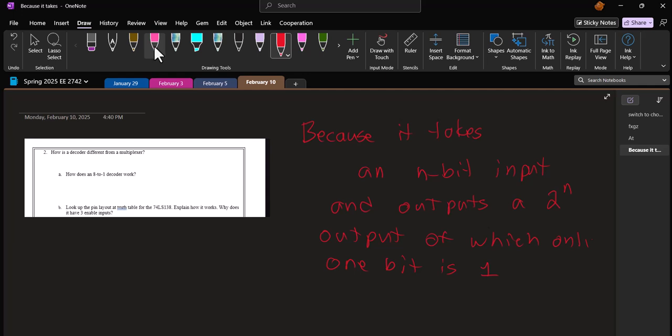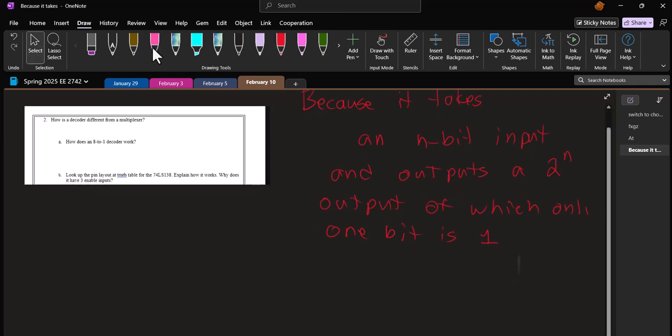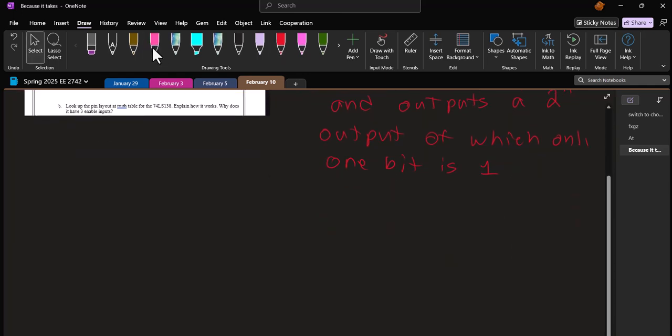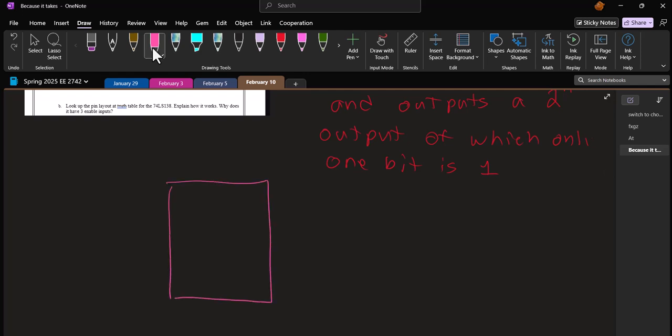So the way it works is, let's say I have a decoder. Here's my decoder. And I have an output that has 8 bits.